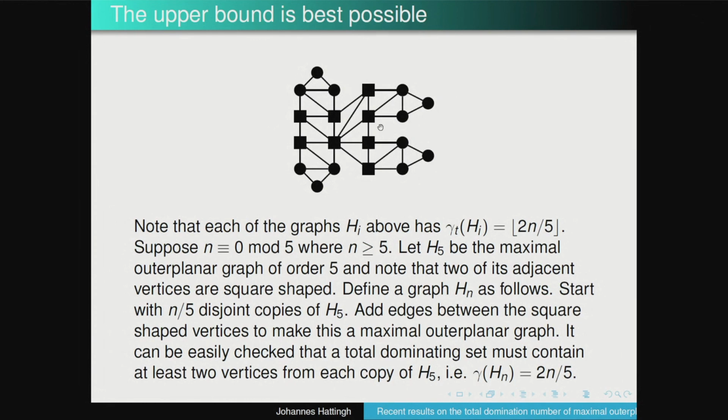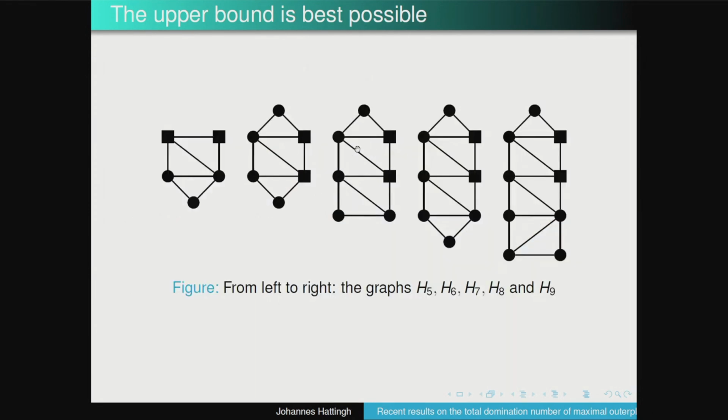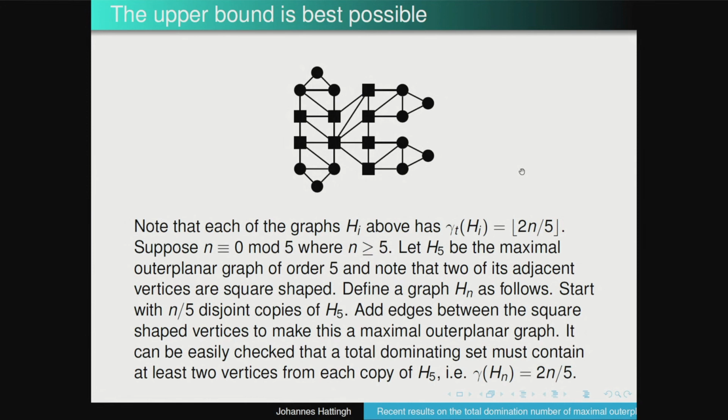You can also just triangulate there. And by doing that, you can always show that you can get the upper bound for every possible multiple of 5. And then if it's not a multiple of 5, you just use these other graphs as building blocks. And so you can actually show that it's best possible for every single order.